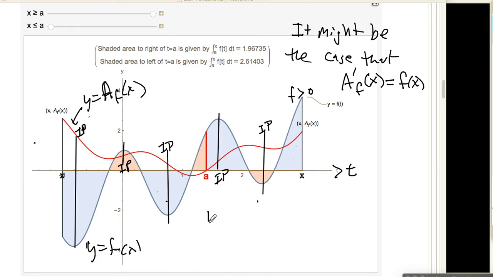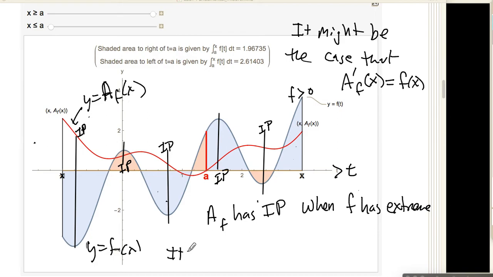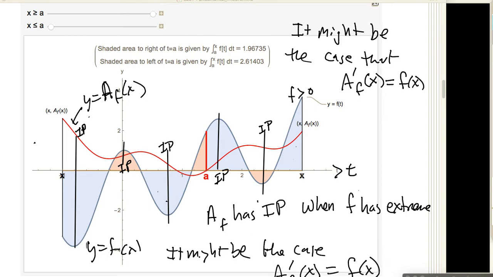In other words, we see that AF has inflection points when f has extreme points, and that is another thing that says it might be the case that the derivative of the area accumulation function just might be the f function. And that's the major conjecture that comes out of looking at all of these graphs that Mathematica has drawn for us in the previous lab.